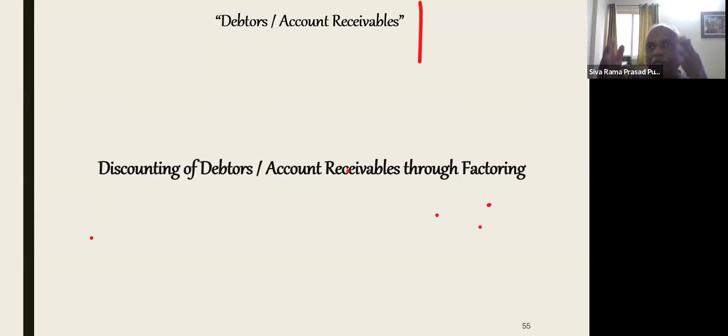The factoring company will verify the debtor and these details, and give up to 90% of the total bills. The remaining 10%, once the bills are paid by the debtor or account receivable, the factor will deduct their interest or service charges from the 10%, and give the rest of the amount.